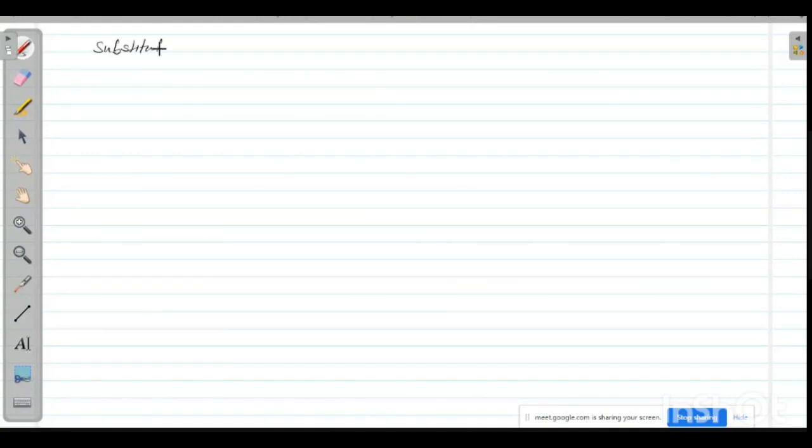Substituting all the Fourier coefficients in equation number star, we get f of x equal to, what is the value of a naught?